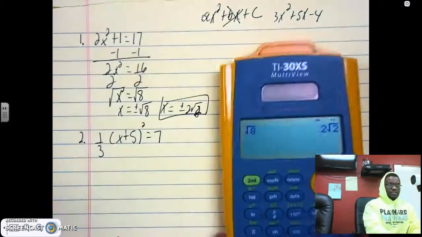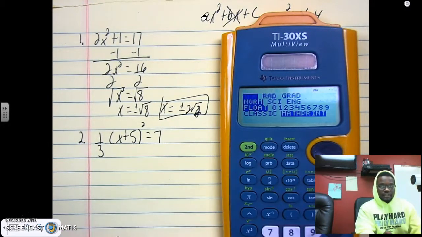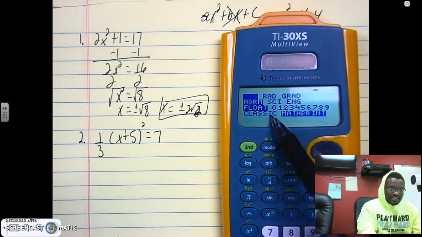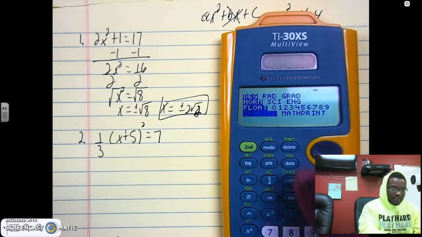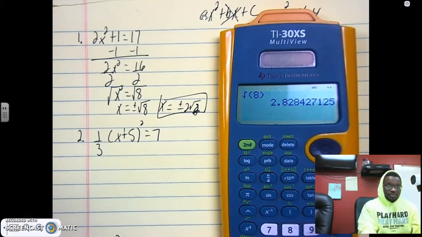Alright, now, just to show you something real quick. Your mode on your calculator, if you hit that, you'll notice it says classic and math print. If you go down to classic and hit enter, and then go back and do the square root of 8, notice how it looks different now, and you get a decimal.